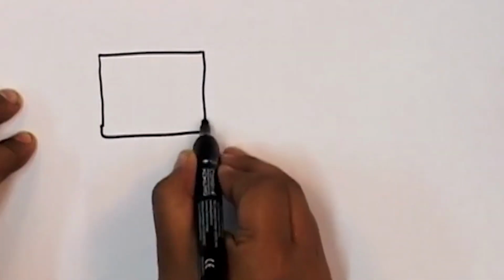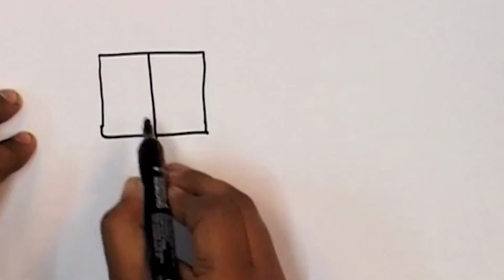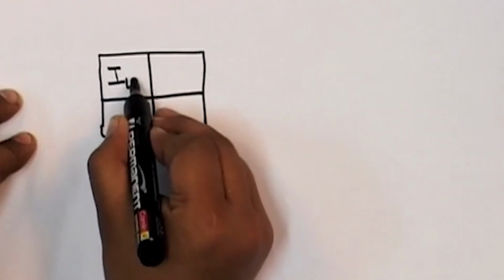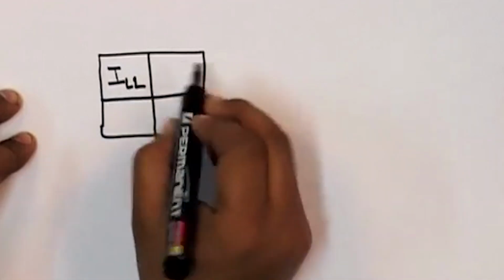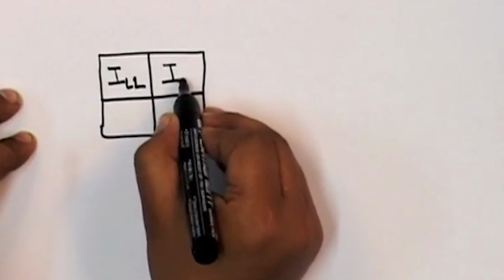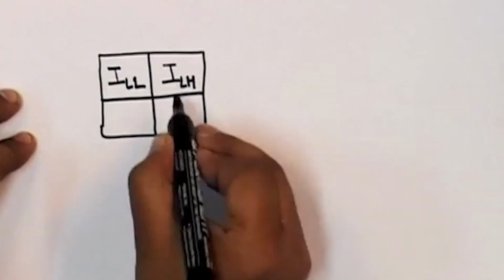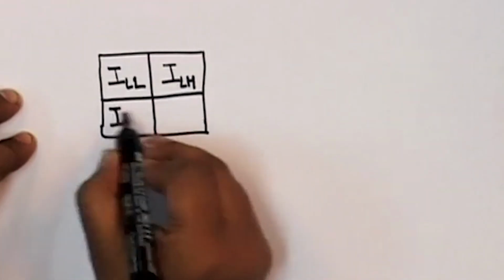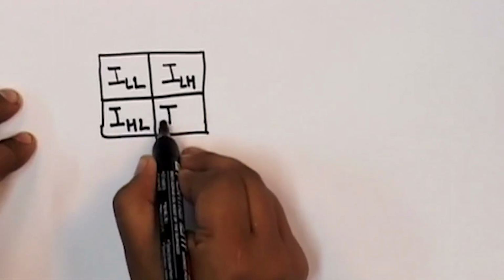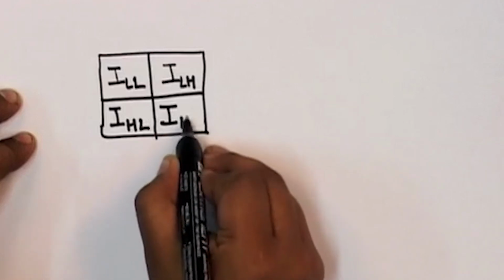Pictorially, this can be represented as follows. This is our output that we have got as I LL. This is the subband where our output I LH will occur, this is the subband where the output I HL will occur, and this is the subband where the output I HH will occur.